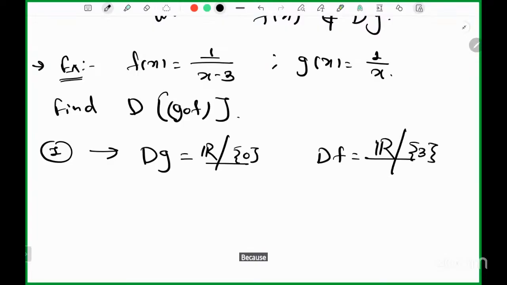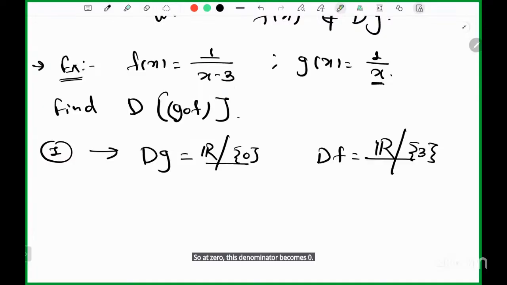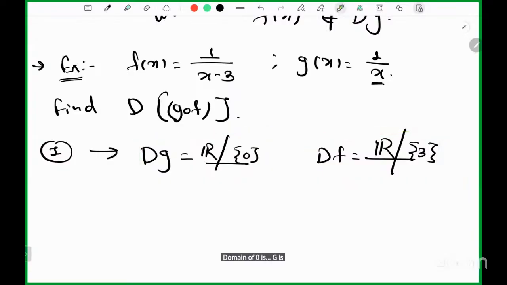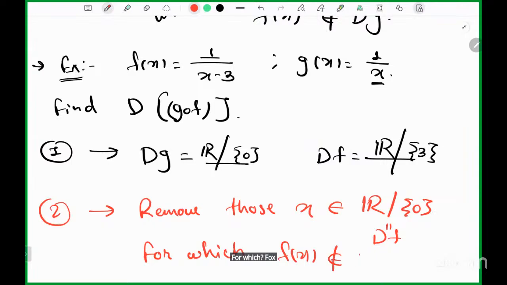Because you know that whenever we have rational functions, we have to remove those points where the denominator becomes 0. So at 0, this denominator becomes 0, and at 3, this denominator becomes 0. That's why the domain of f is real numbers minus 3, and the domain of g is real numbers minus 0. Now the second step says remove those x belonging to the domain of f, for which f of x does not belong to the domain of g.